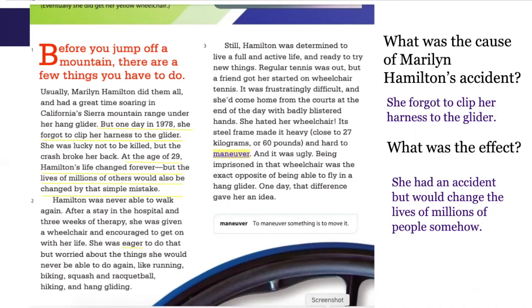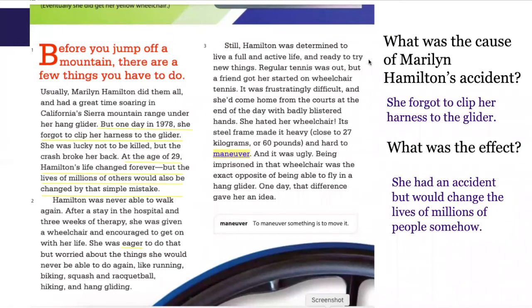She hated her wheelchair. Its steel frame made it heavy, close to 27 kilograms, or 60 pounds, and hard to maneuver. And it was ugly. Being imprisoned in that wheelchair was the exact opposite of being able to fly in a hang glider. One day, that difference gave her an idea.